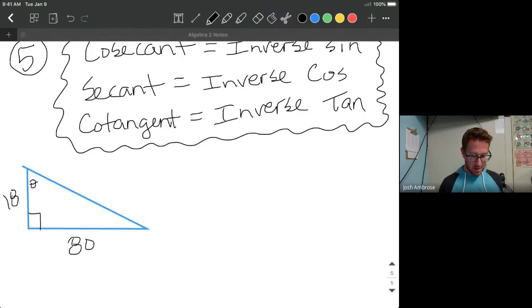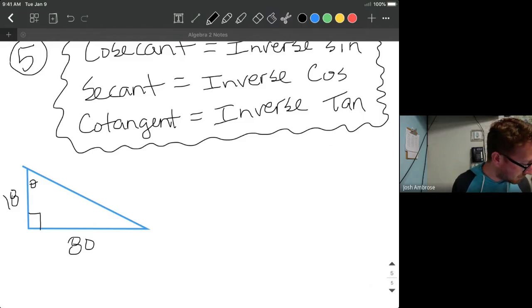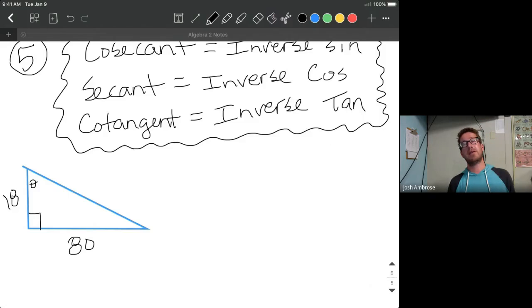So you see theta, you got the right angle, you have your hypotenuse. You'll notice that we really don't have the value for the hypotenuse yet, right? Okay, so how do you calculate the value of your hypotenuse? Well, now you got to think back to basic algebra, and that's going to be the a squared plus b squared equals c squared. Okay, Pythagorean theorem. So let's get the hypotenuse real quick.